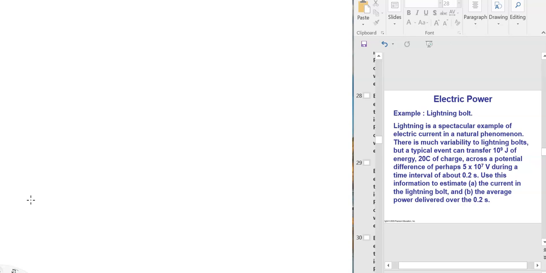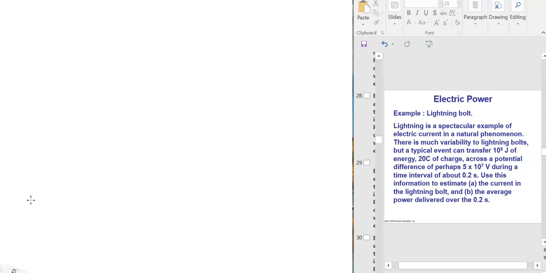There is much variability of lightning bolts, but a typical event can transfer 10 to the 9 joules of energy, about 20 coulombs of charge, across a potential difference of perhaps 10 to the 5 times 10 to the 7 volt. That's a huge voltage compared to the batteries that we've been talking about, 3 volts, 12 volts, like that.